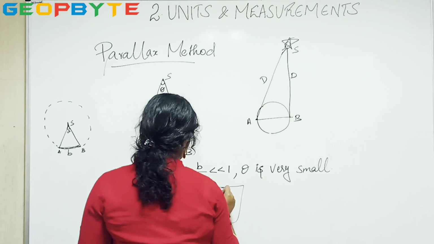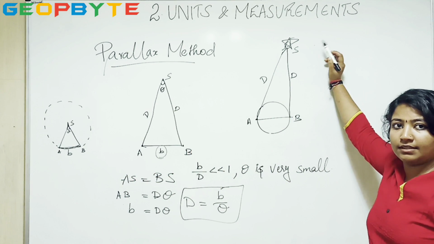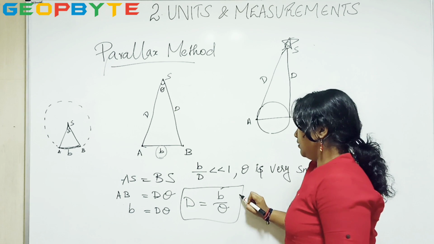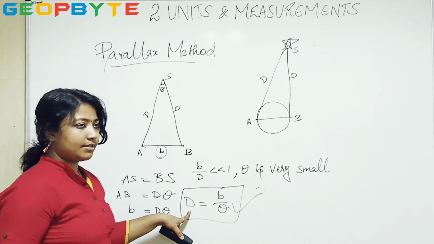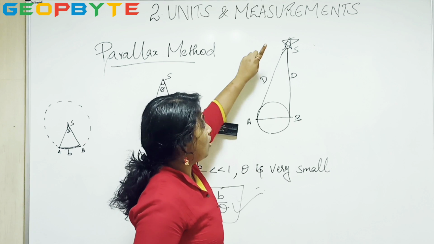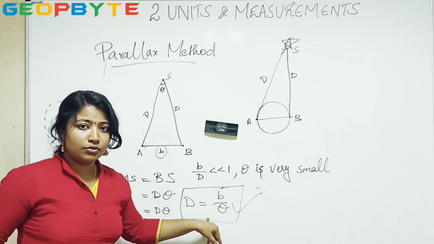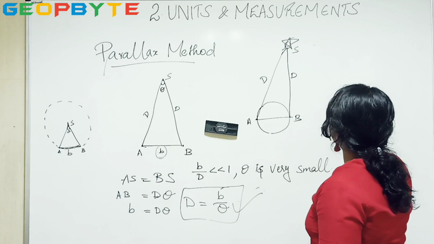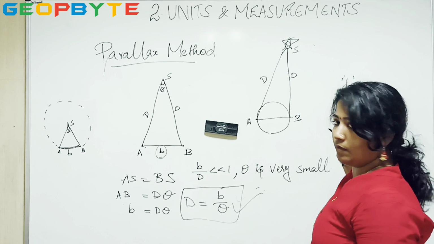So, to find the distance of any faraway object like stars or planets, we can use this. Now you have the distance. You know the distance of that planet from the Earth. Since you know this, you can also find the angular diameter of that faraway object.